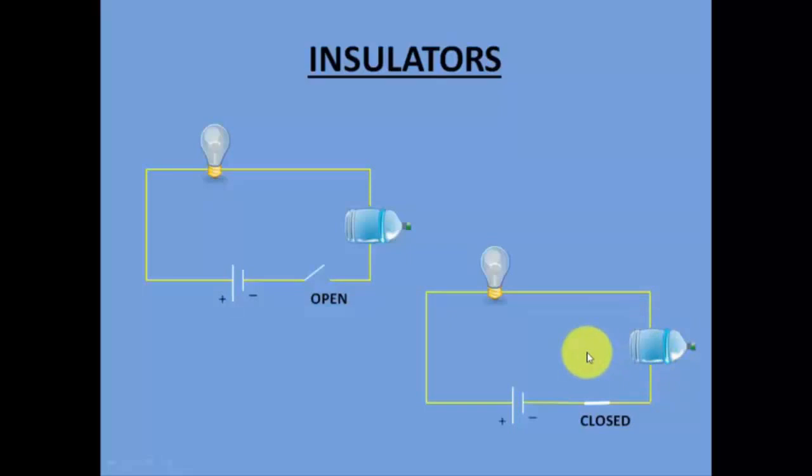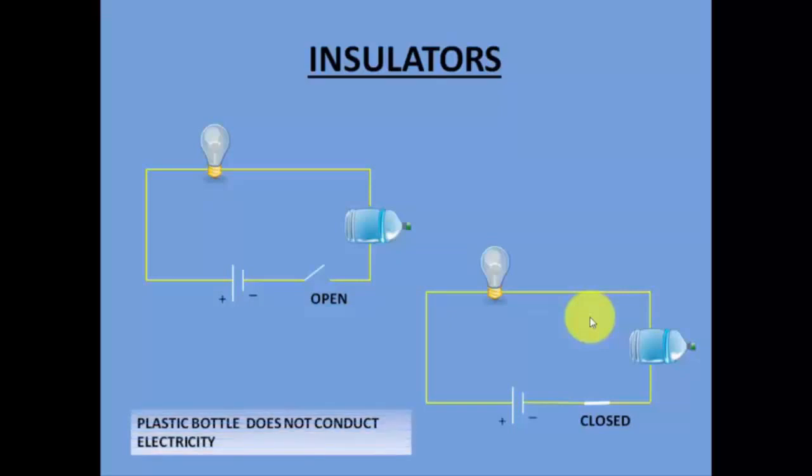That means a plastic bottle is a poor conductor of electricity because it is not allowing the electrons to flow through it. So what have we confirmed? We have confirmed that a metal drum is a good conductor, but a plastic bottle is a poor conductor. A plastic bottle does not conduct electricity.